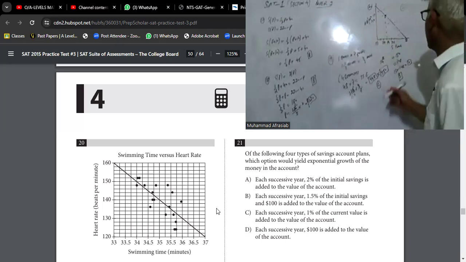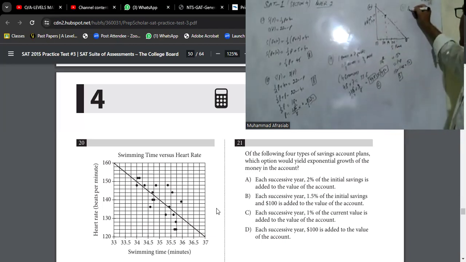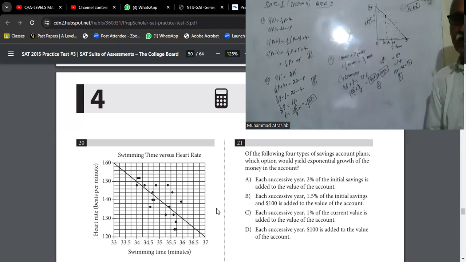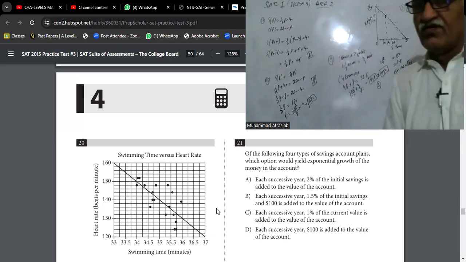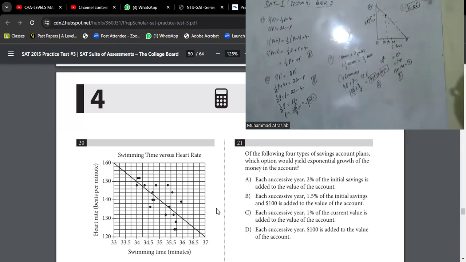We know that exponential growth is equal to a = b times x to the power t, where a is the actual amount, b is the initial amount, x is the rate of growth, and t is the time.